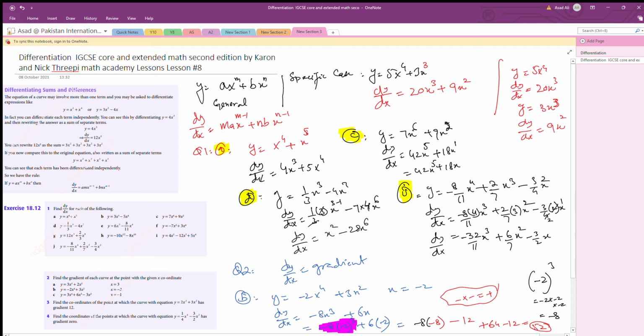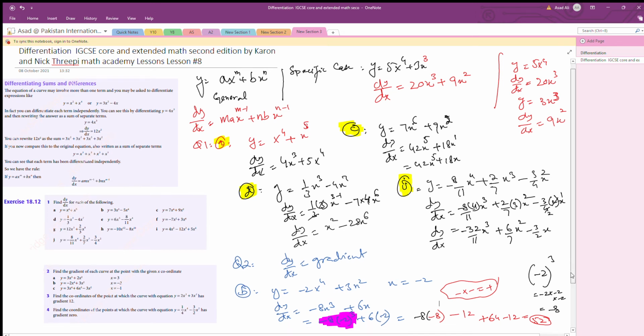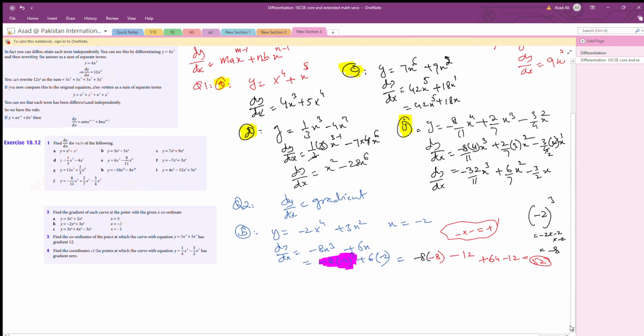Now I'm doing part C. Question 2, part C. Look at part C, students. Part C is y is equal to 3x power 4 plus 6x cube minus 3x square, at x is equal to minus 1.